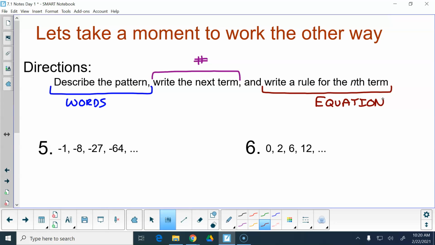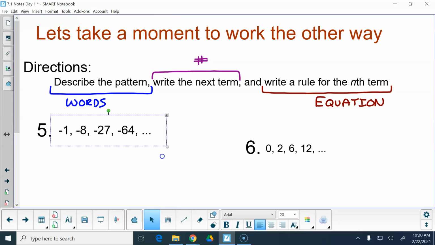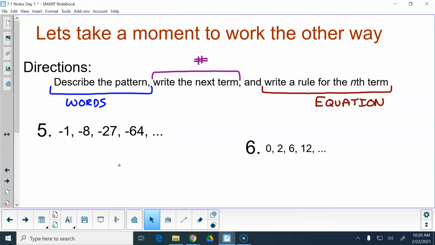All right. So looking at number 5, now let me move this up a little bit, make it a little bit bigger. Okay. So the pattern, or the sequence is -1, -8, -27, -64. That is our pattern.